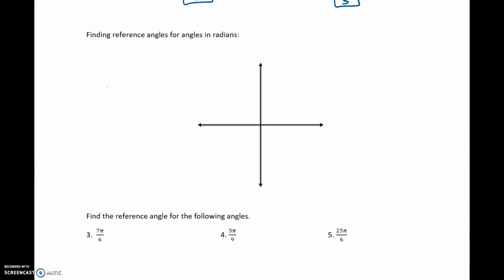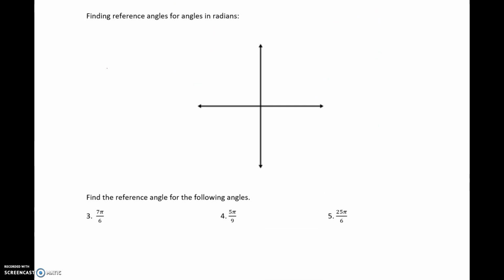Another thing we may have to use when evaluating functions is finding the reference angle for each angle given. So remember, we have quadrant 1, quadrant 2, quadrant 3, and quadrant 4.